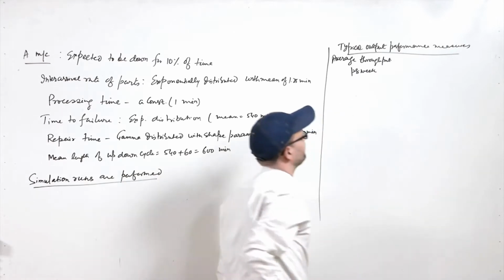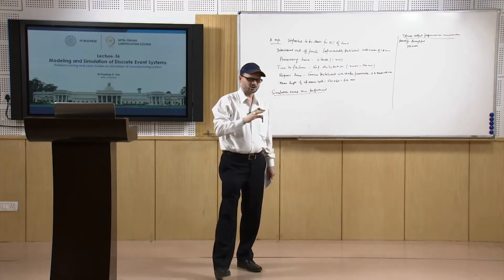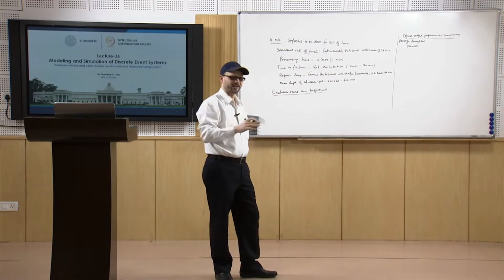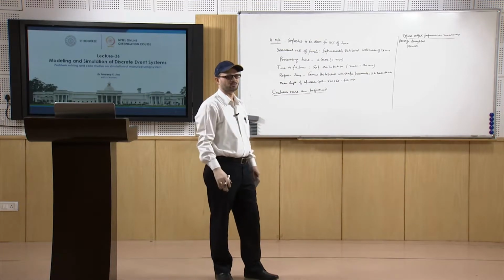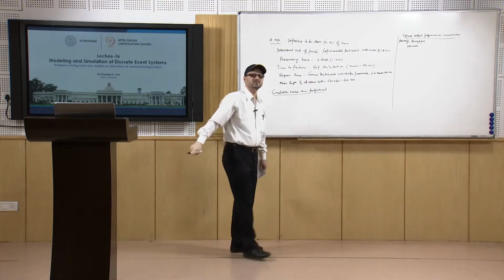Now, what we do here is 160 hours of simulation, that is 20 days of 8 hours a day. Suppose you are running the simulation and finding these output performance measures.